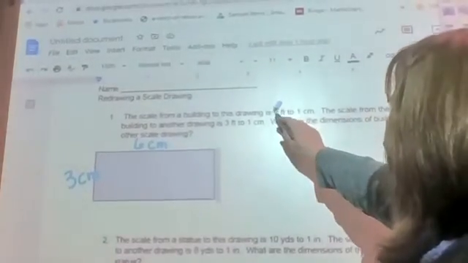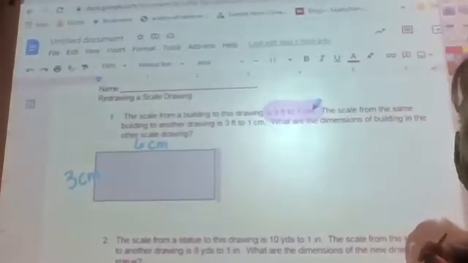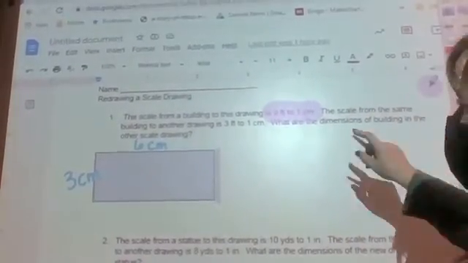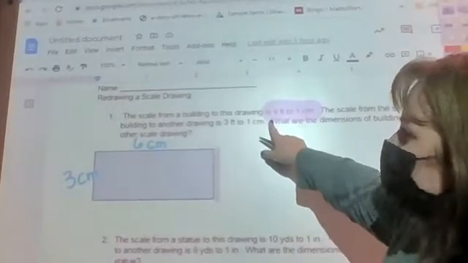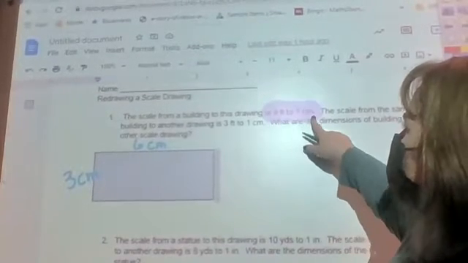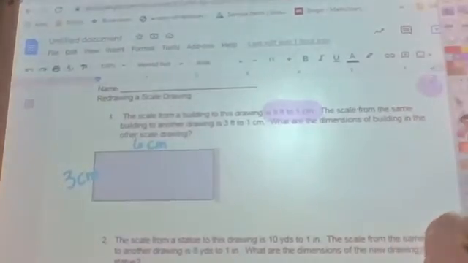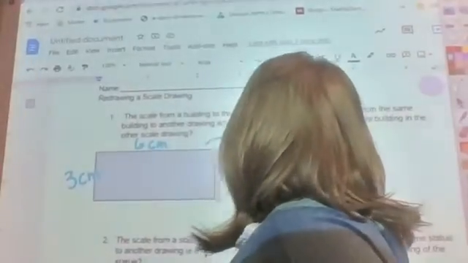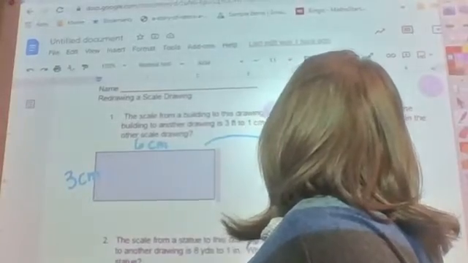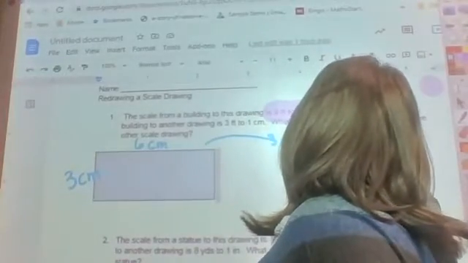We know that the first scale is 9 feet to every 1 centimeter. So to find the actual dimensions, we're going from this scale drawing to the actual size, right?